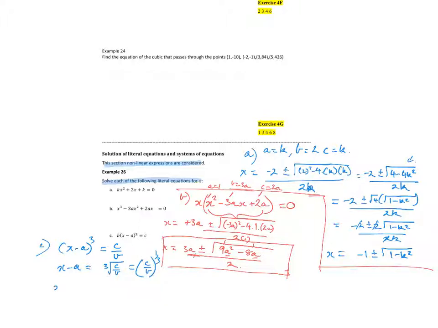So x is equal to a plus the cube root of c on b. All right, so there's what x is equal to. So the steps that we took in all three of those were exactly the same as if those k's were numbers, but we've got a general solution if you like.